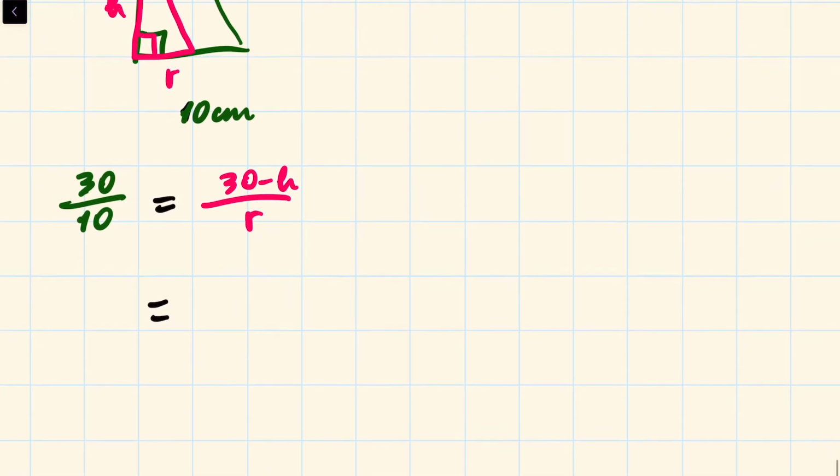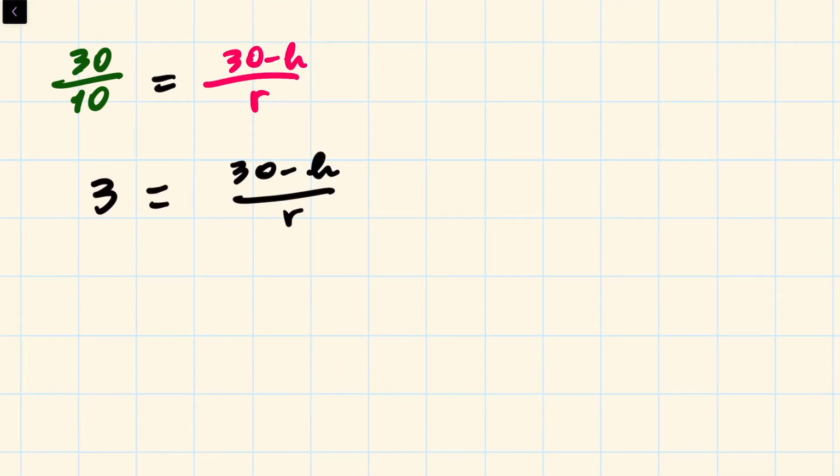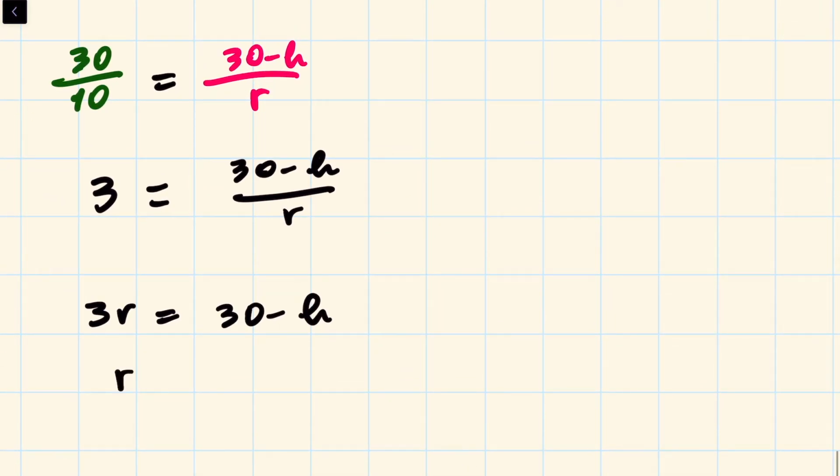Okay, so now we can isolate for r by cross multiplication here. Let's simplify this other side though first to 3, because 30 over 10 is just 3. 30 minus h over r. Okay, let's cross multiply now. So 3r equals 30 minus h. Dividing both sides by 3 now, we get r is equal to (30 minus h) over 3.